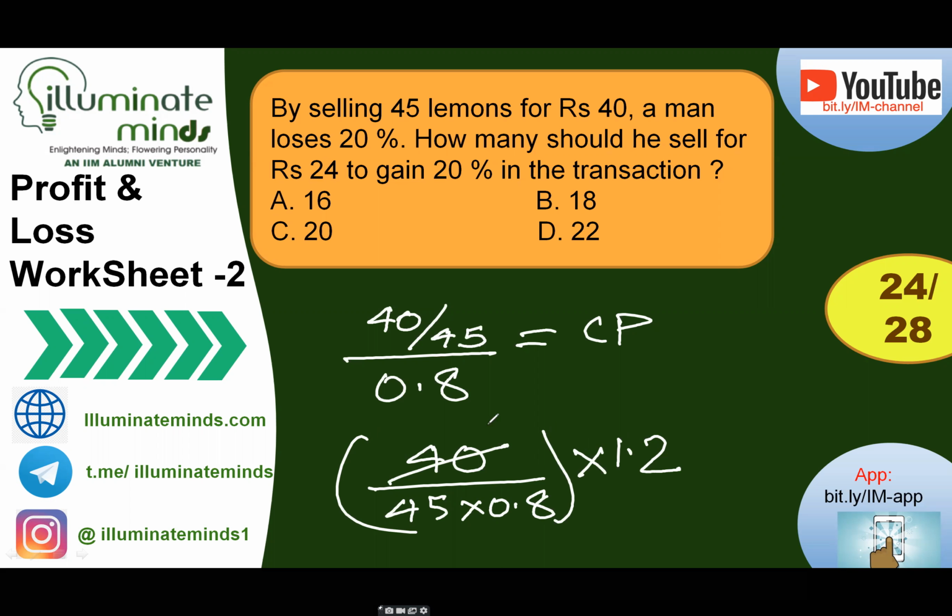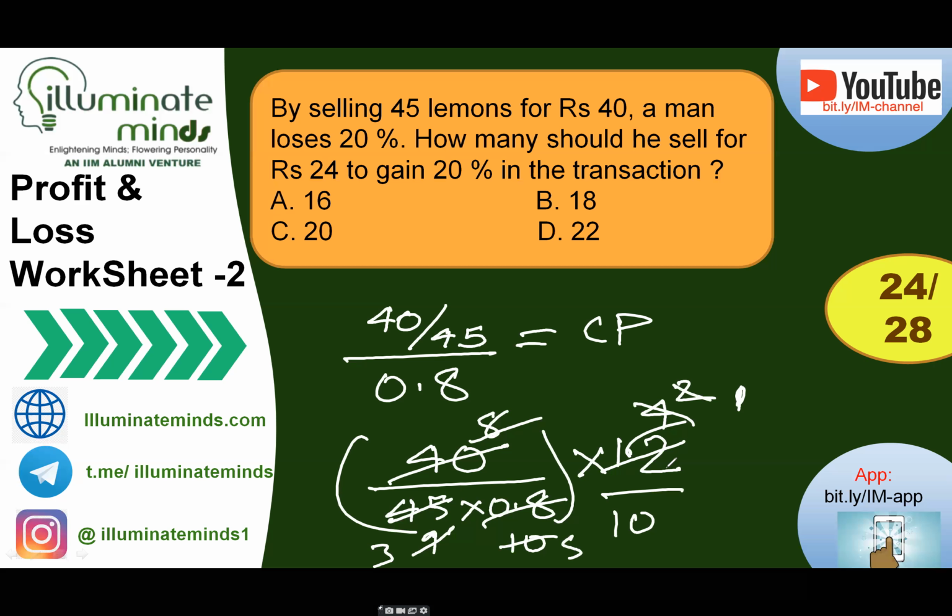So this will give me the selling price of one lemon. Okay, 5 8s are, 5 9s are 45, so 120, then 9 3s are, 9 4s are, okay. So this is nothing but 25 into 2, so it's 1 into 3 into 5 into 5.